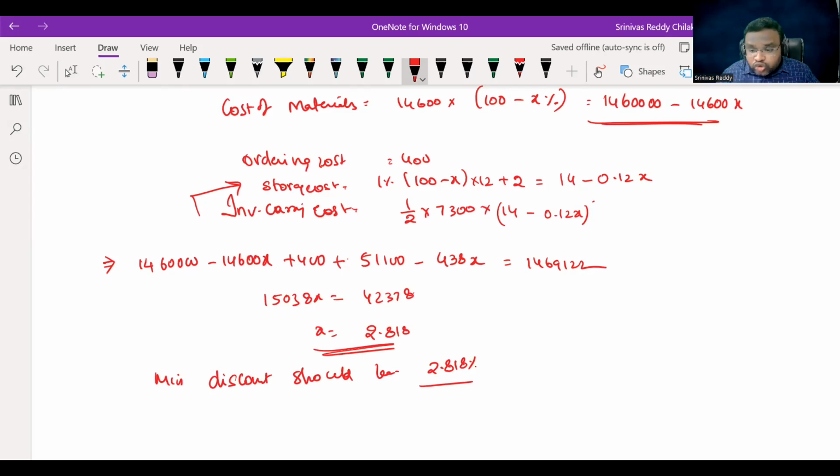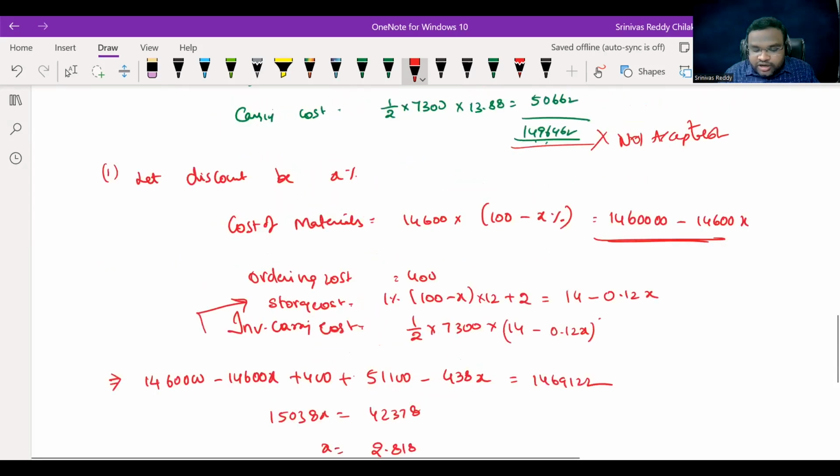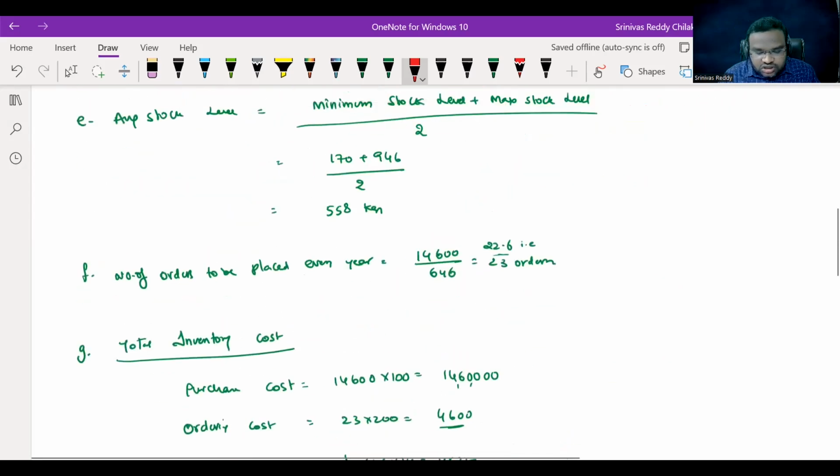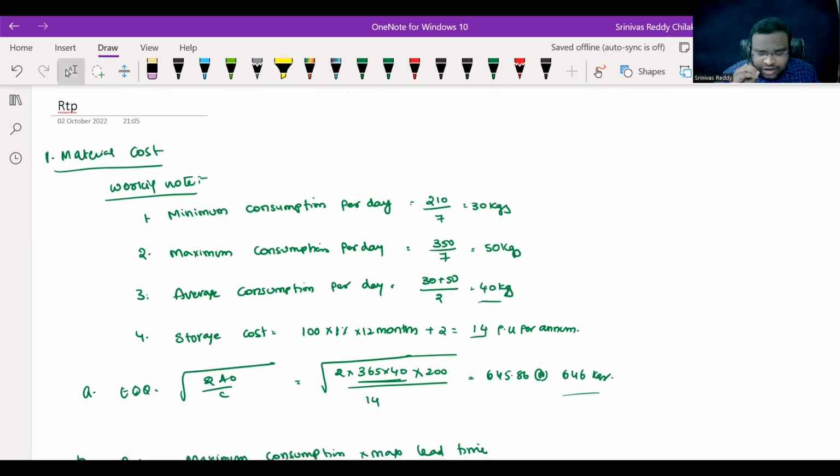If it is below 2.82%, I should go with my EOQ. If it is exactly 2.82%, both options are the same. If it is more than 2.82%, it is better I go with two orders. So the minimum discount of 1% is not viable. What is the minimum viable amount? 2.818 percent. This is a very beautiful question, covering the majority of the topics of material cost.